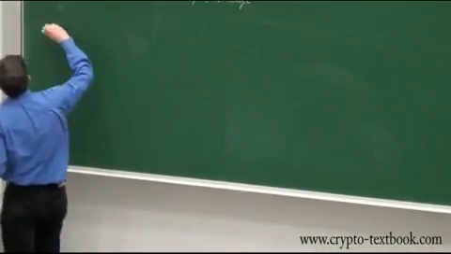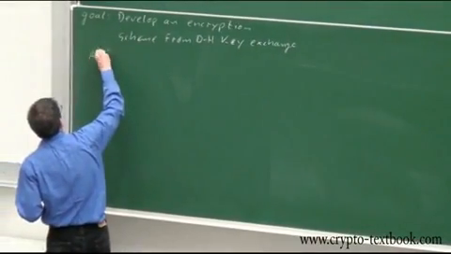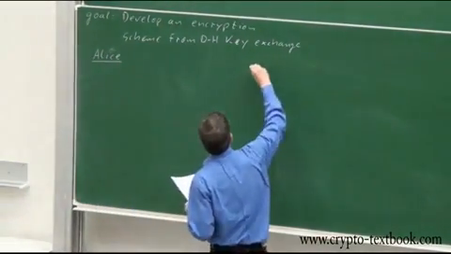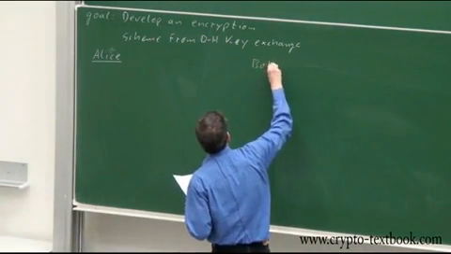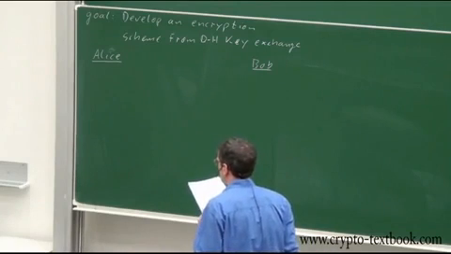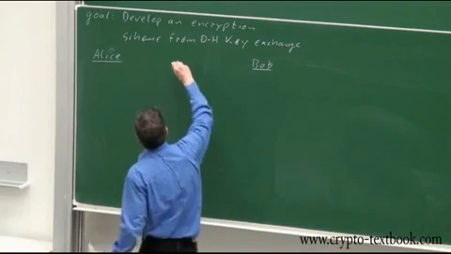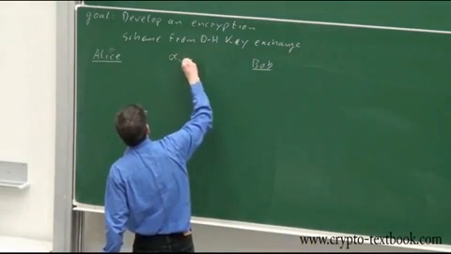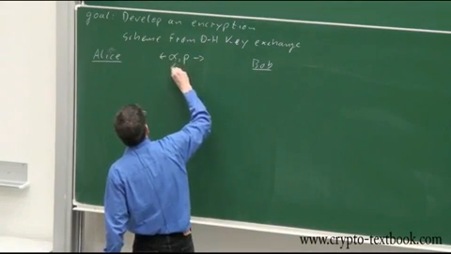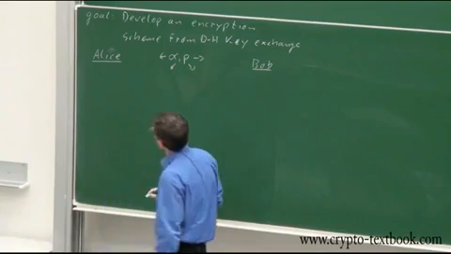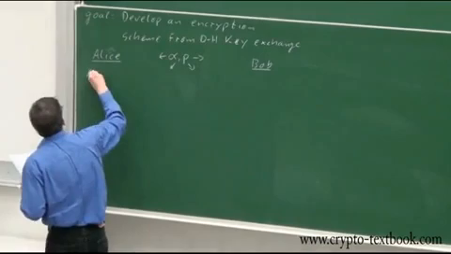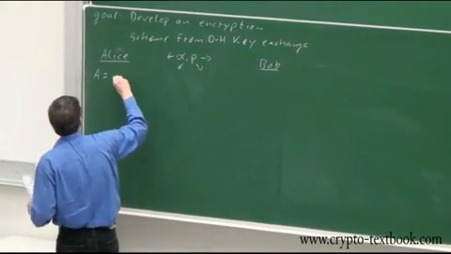So how does this work? We have Alice and Bob, and we have these domain parameters alpha and p, which are just known to everybody. So Alice computes her parameters.